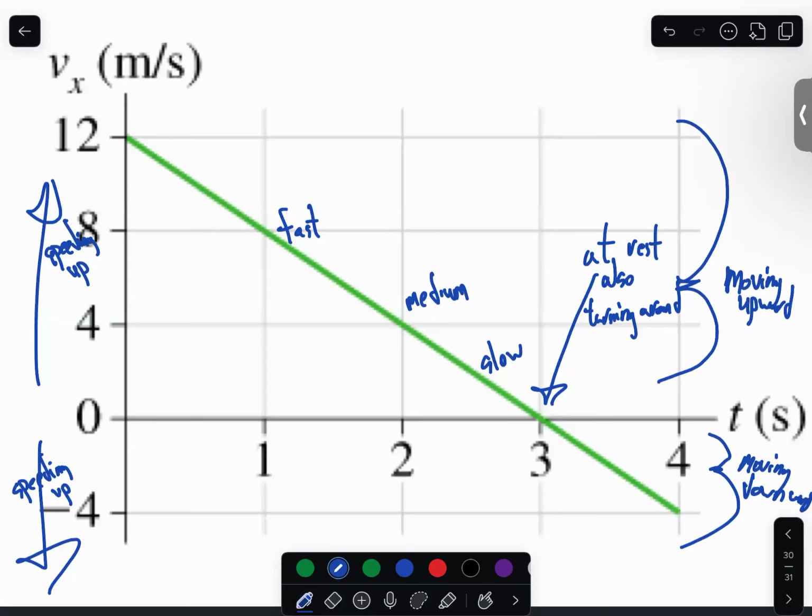Oh yeah, where you can't go. Yeah, I thought it meant like object.